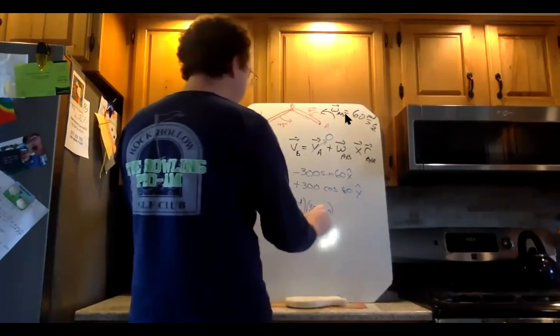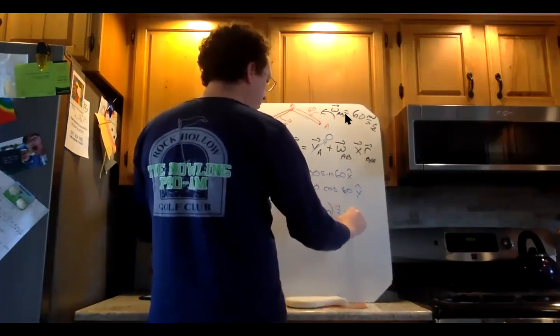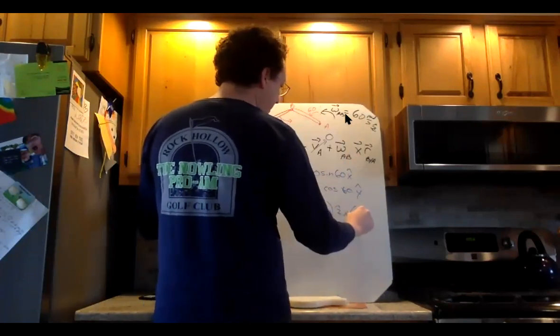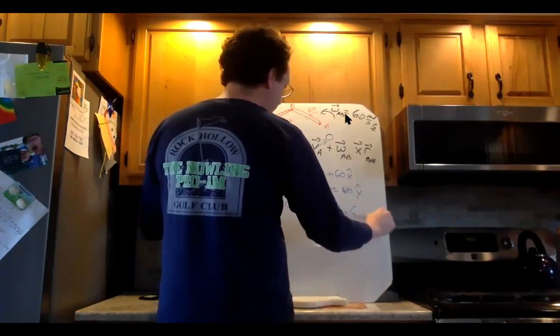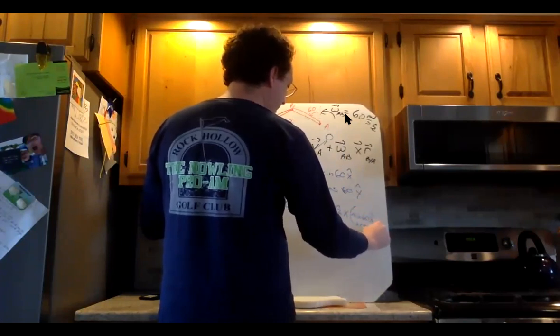And then the vector stuff I have is going to be z hat cross, and I'm going to get sine 60 x hat with a minus sign plus cosine 60 y hat.